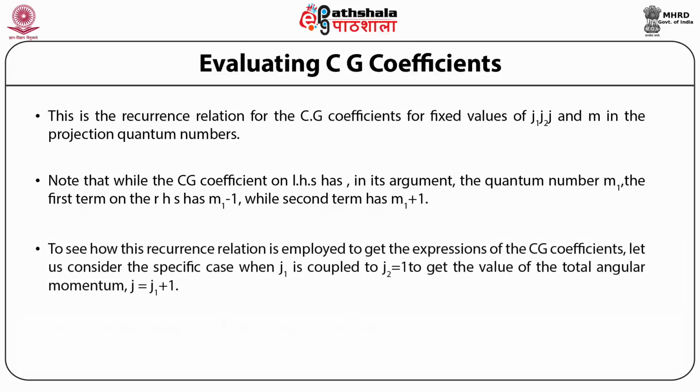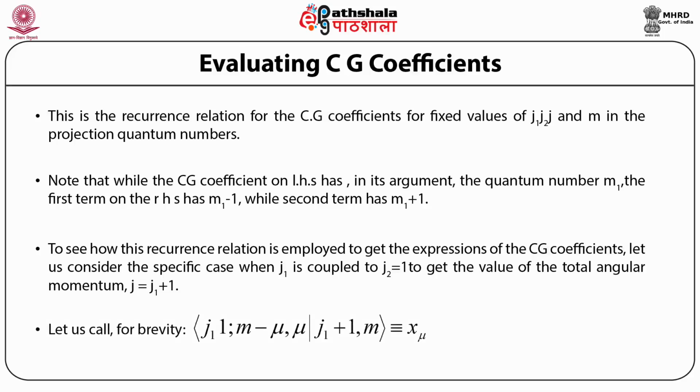So in order to see how this recurrence relation is employed to get the expressions for the Clebsch-Gordan coefficients, let us now consider some specific case in which j1 is coupled to j2 equal to 1 to get the value of the total angular momentum j equal to j1 plus 1, where we are taking 1 because j2 is equal to 1. So j is equal to j1 plus j2, which is j1 plus 1.